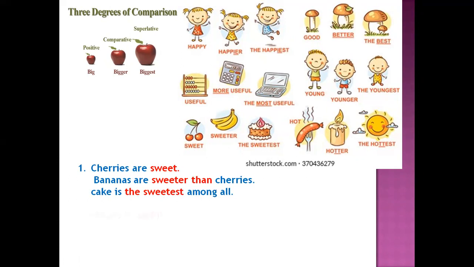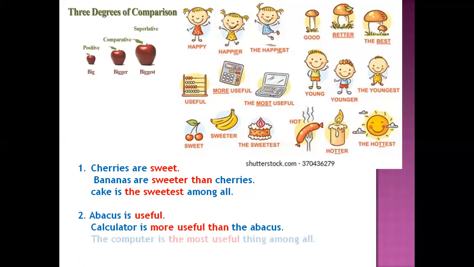But look at this example sentence. Abacus is useful. Then calculator is more useful than the abacus. And the computer is the most useful thing among all. But in this sentence, what has happened?